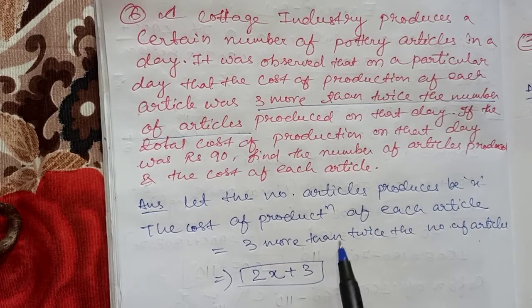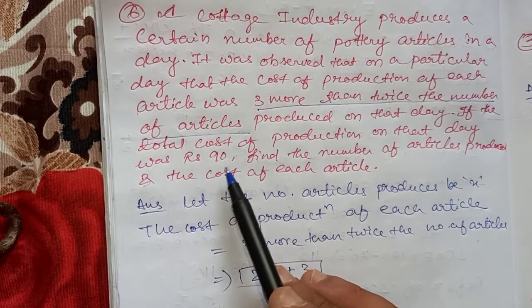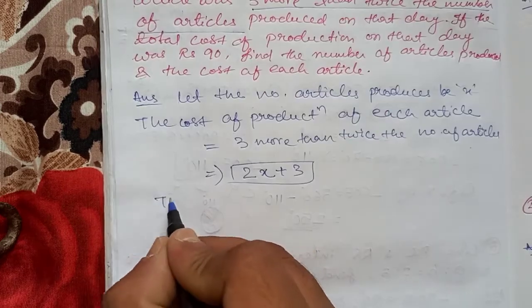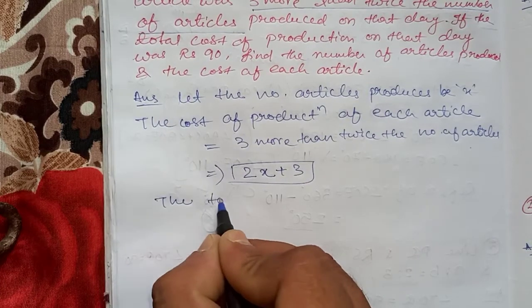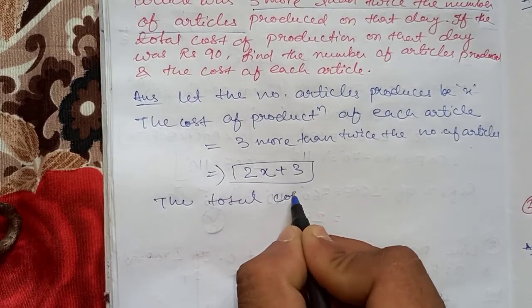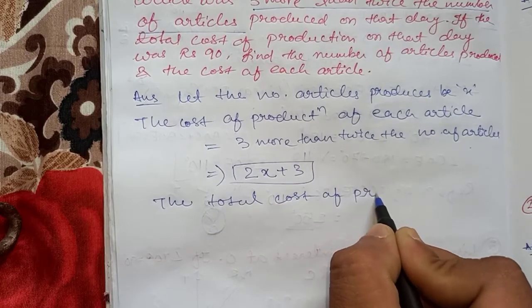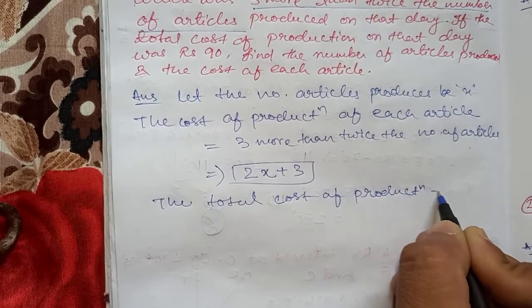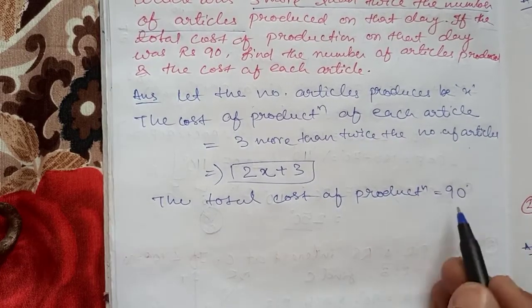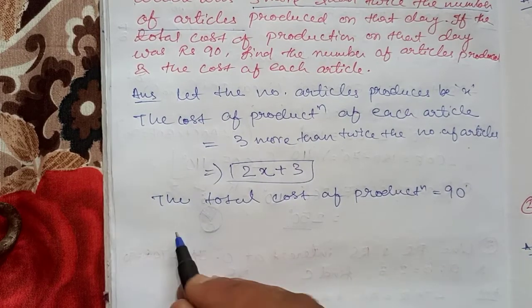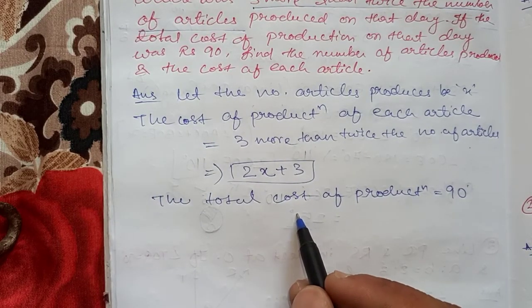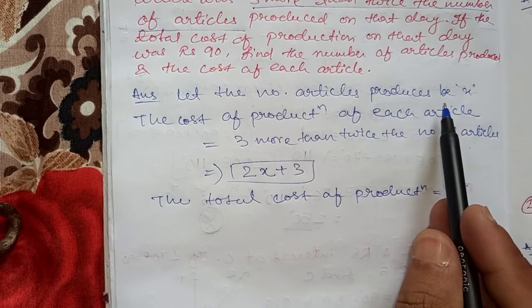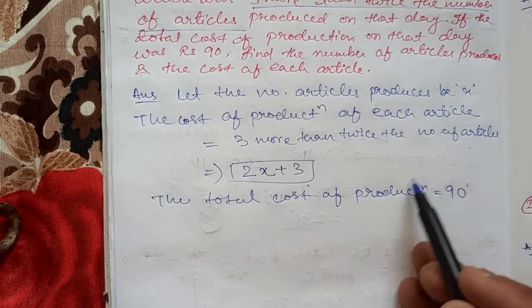On one day the total cost of production is rupees 90. How to find the total cost of production? The number of articles into the cost of each article will give us 90 rupees.